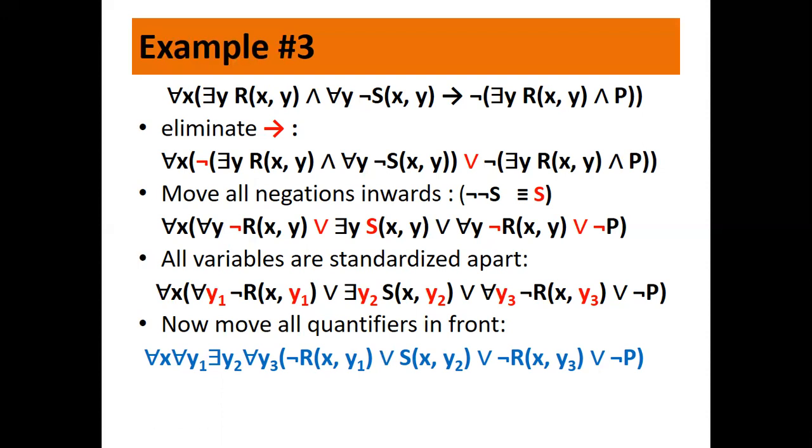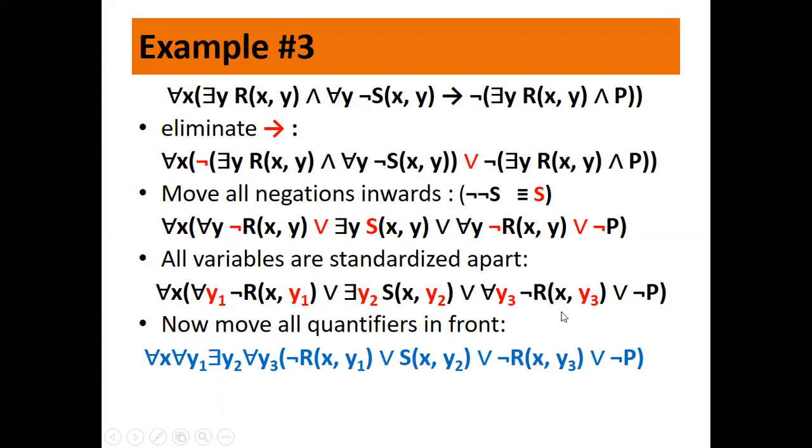Similarly, when you change the variables, the change is reflected everywhere. Y gets converted to Y1, Y here gets converted to Y2, and Y here gets converted to Y3. Is it fine? Now, all variables are standardized.